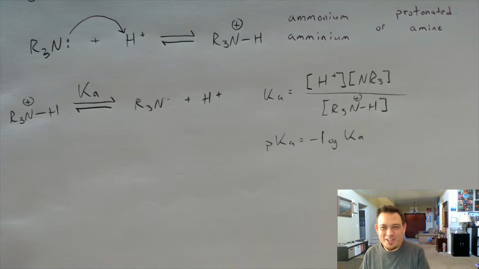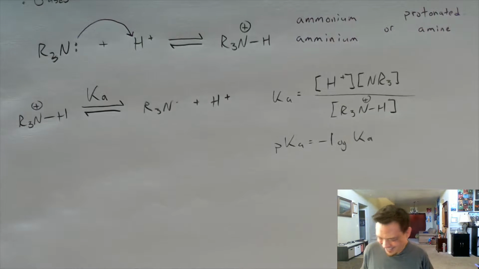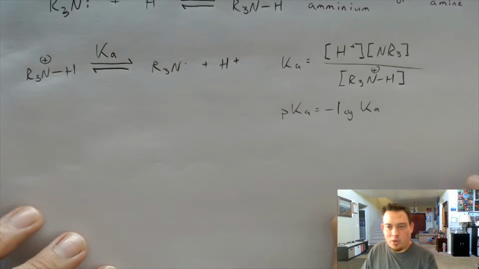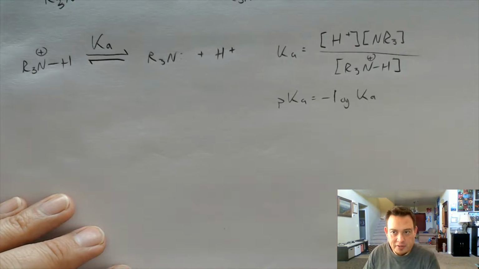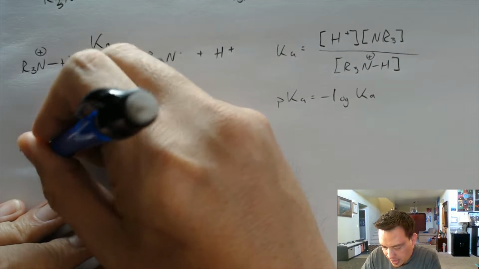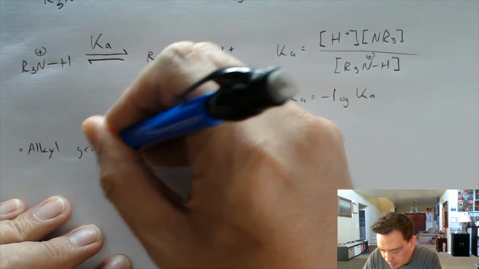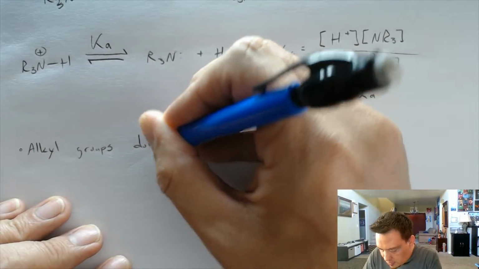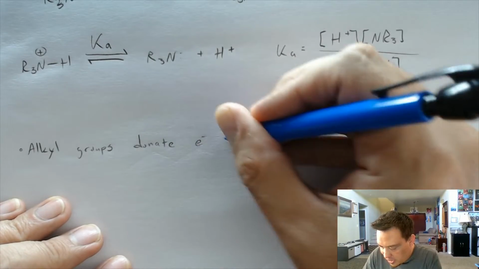Yeah, straight from Chem 122. All right, something I want to remind you guys of. Last semester, you learned that alkyl groups are donating groups. So alkyl groups donate electron density.